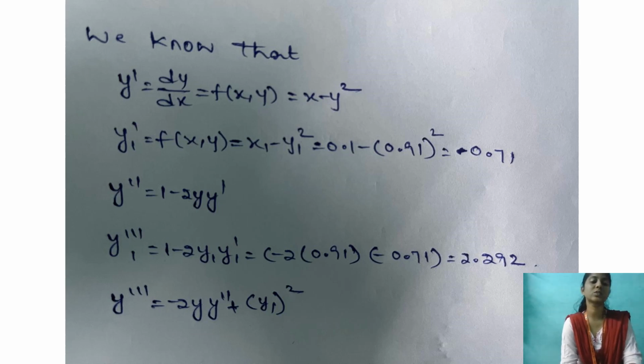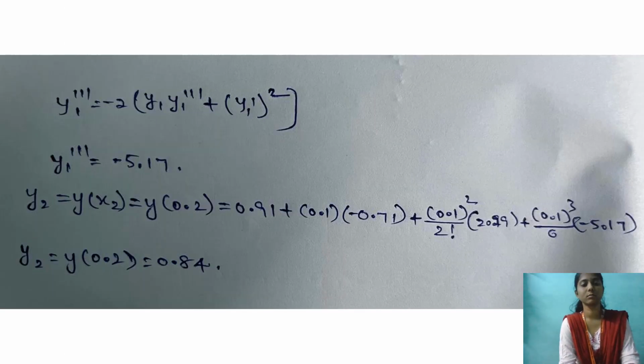Y triple dash equals minus 2 of y y double dash plus y dash whole square. Y1 triple dash equals minus 2 of y1 y1 double dash plus y1 dash whole square. Y1 triple dash equals minus 5.17.